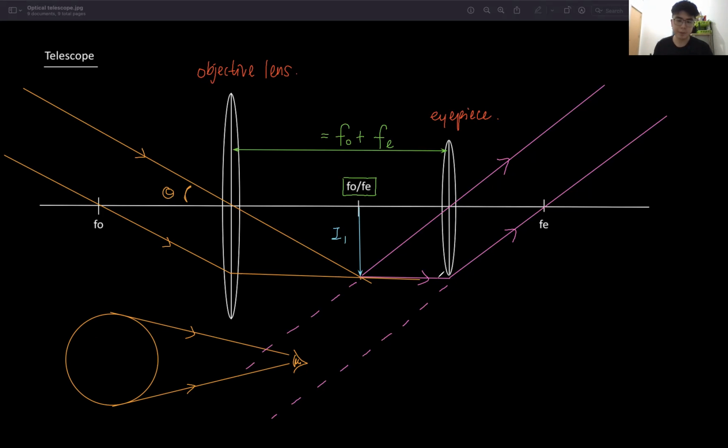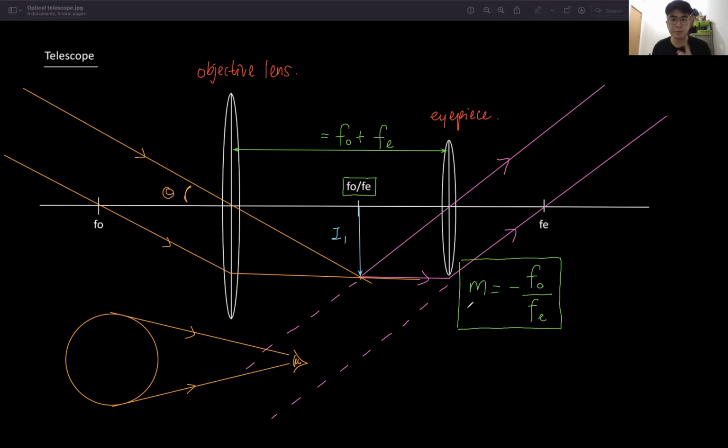Right? So here, what is the magnification of this telescope? Magnification M, we use this formula, okay? M equals minus FO, the focal length of the objective, over FE, the focal length of the eyepiece, and you need to remember this one. Why do we have a negative? Because the final image formed is inverted.